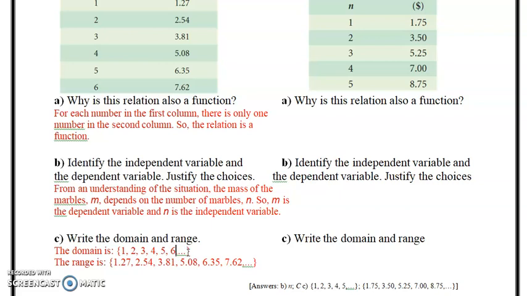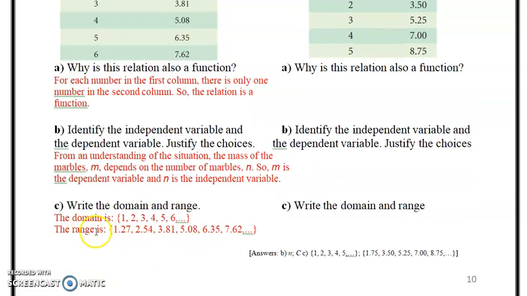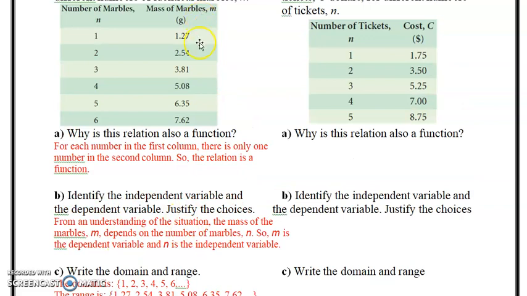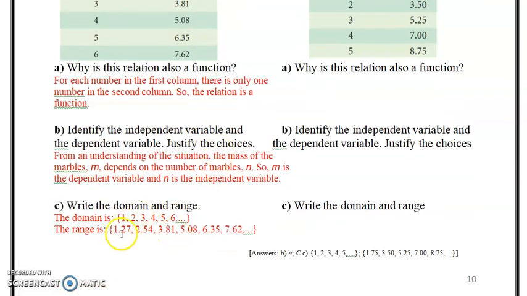Depending on how many marbles you have. And the range is the corresponding mass values: 1.27, 2.54, 3.81, and so on. Basically what you're doing is adding on 1.27 each time, right? So 1.27 times 2, or adding 1.27, is 2.54, and so on. Again, they can continue on.